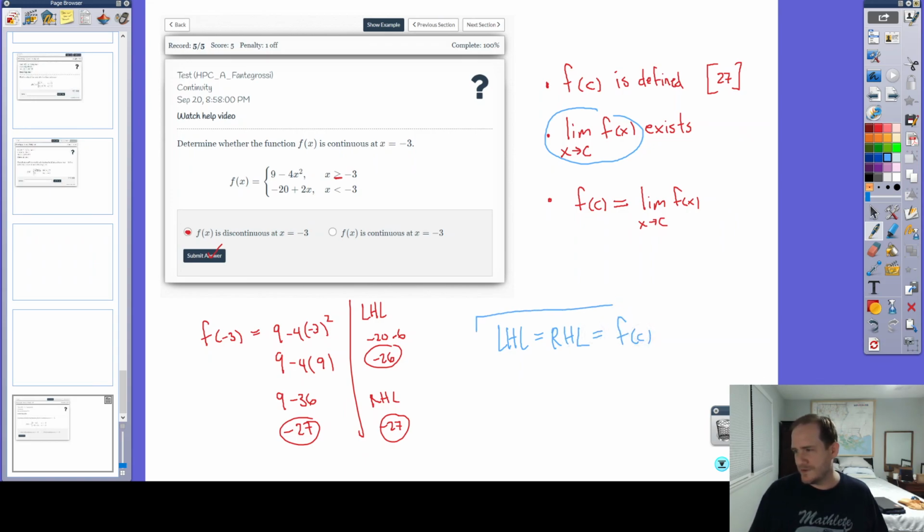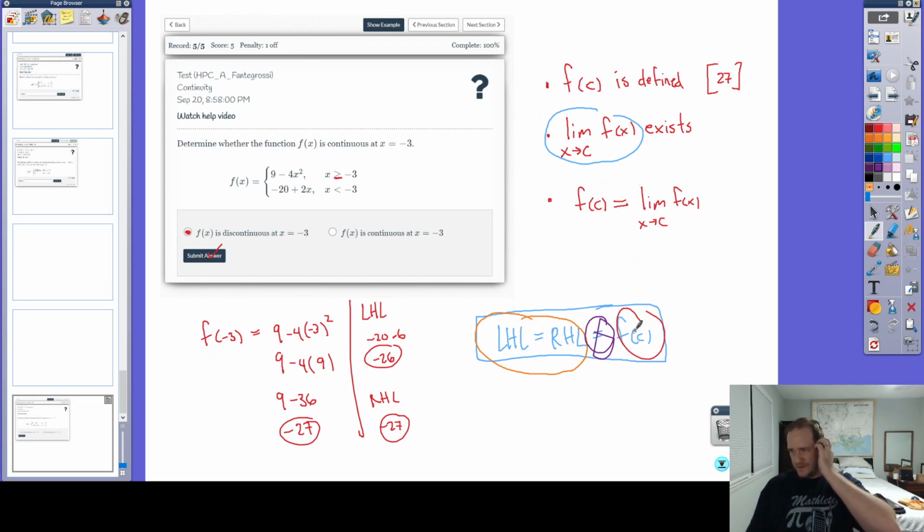It's basically just these are the three things you have to test. This thing alone is bullet 1. These two things together essentially are bullet 2, because as long as they're equal, then the limit exists. And then this equal sign here, that's your bullet 3, where you're saying that the two things equal each other. So that's a great way to think about it.